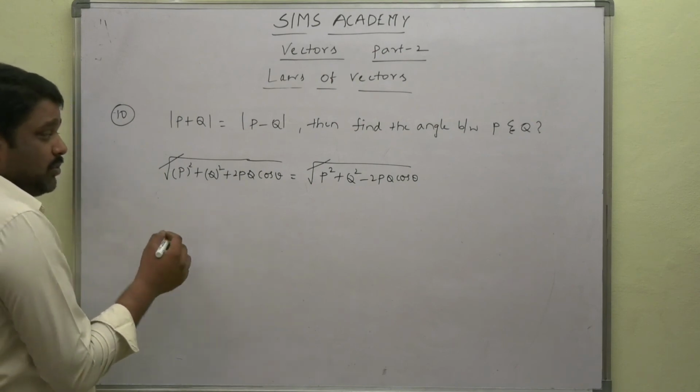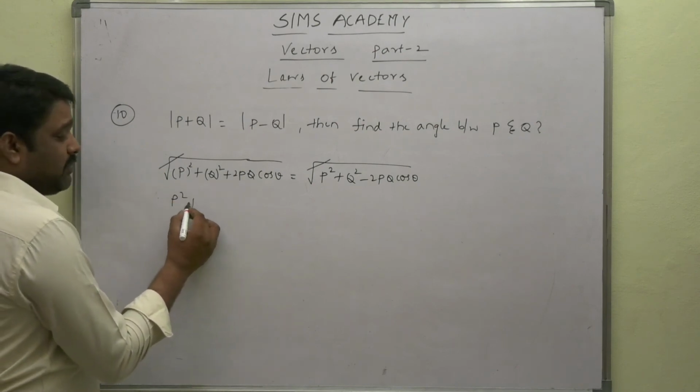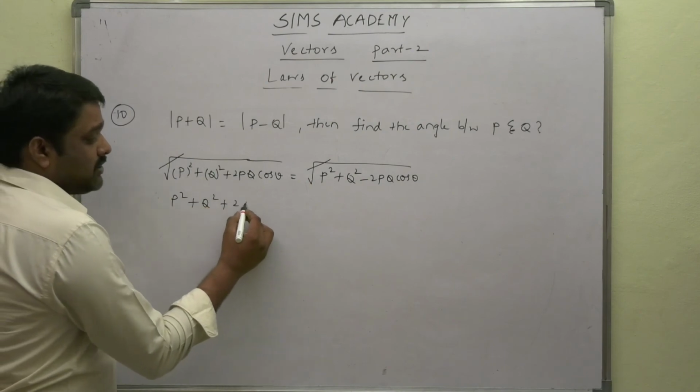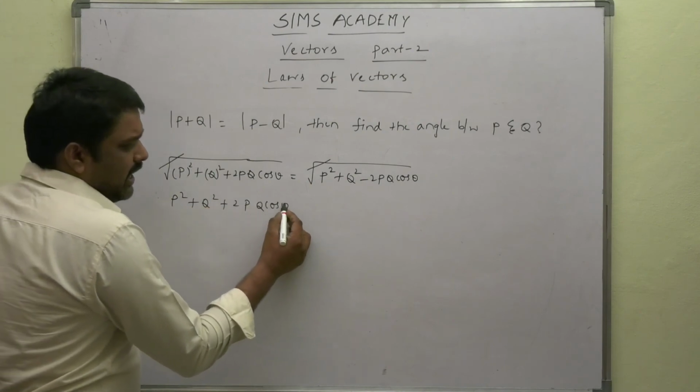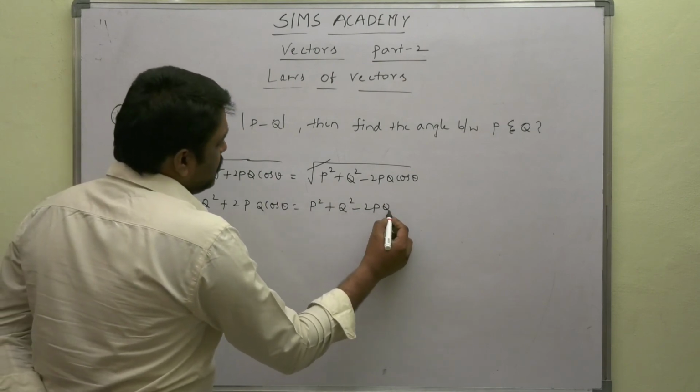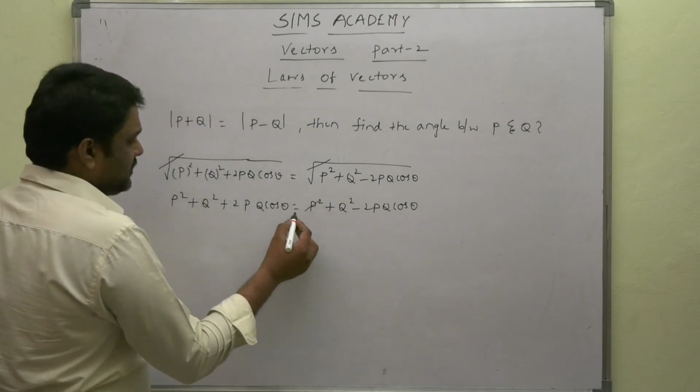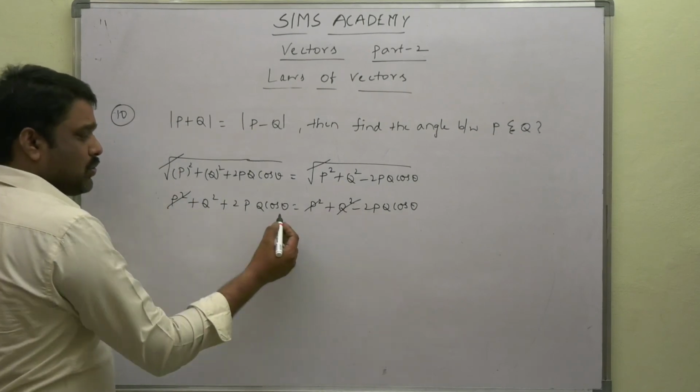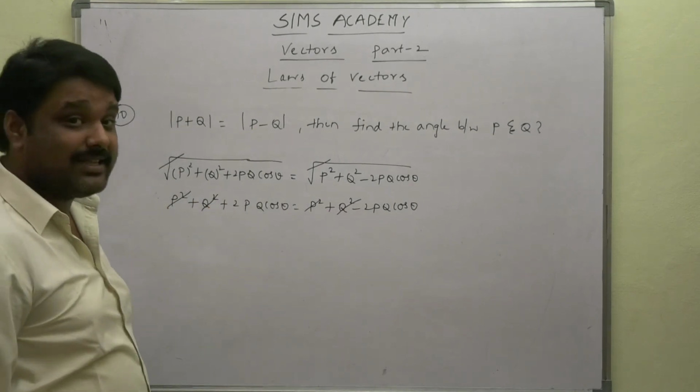Root gets cancelled on both the sides. We are left with P square plus Q square plus 2PQ cos theta equals P square plus Q square minus 2PQ cos theta. P square, Q square gets cancelled.